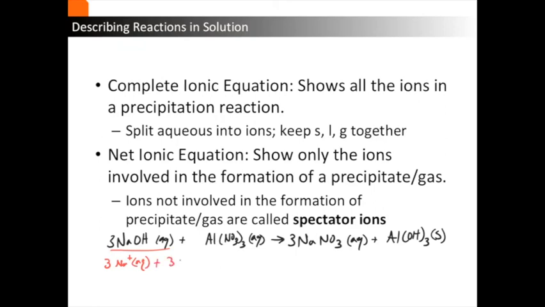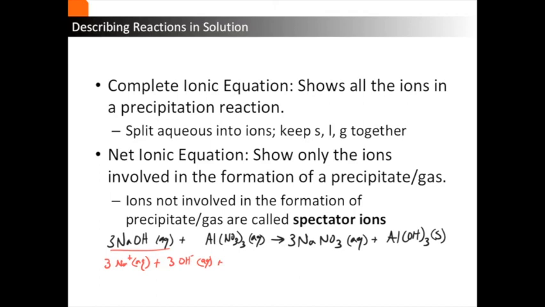So I have 3 hydroxide ions that are also aqueous. A word of note: give yourself lots of room or write really small when writing out the complete ionic equation, because you're splitting up all these ions and it takes up a lot more space than when you write the full reaction, or even the net ionic. This is the most space-consuming part of this process.